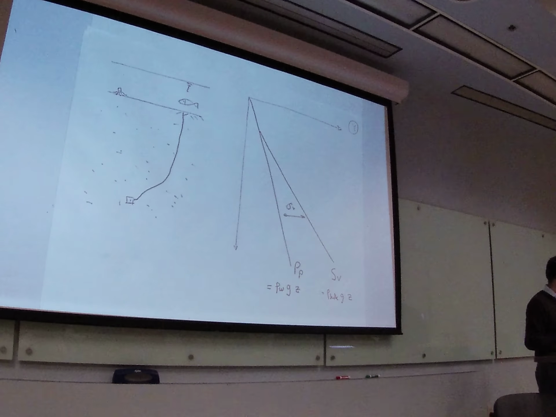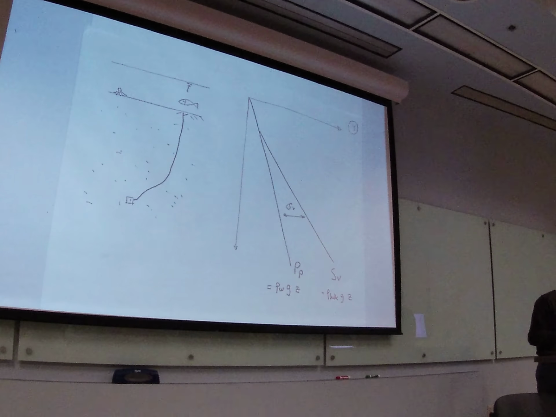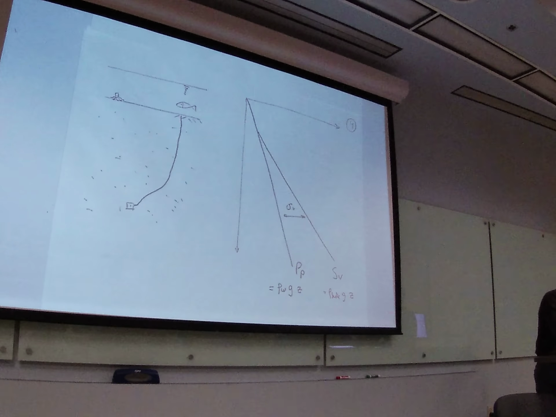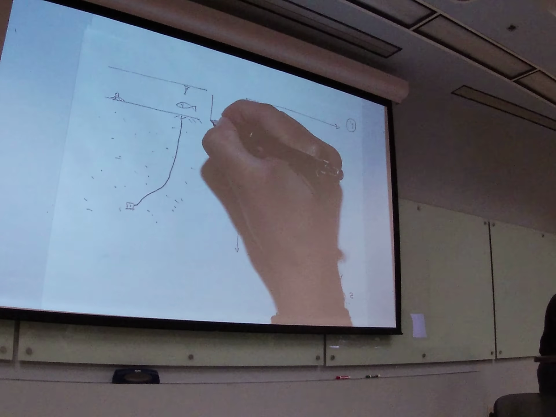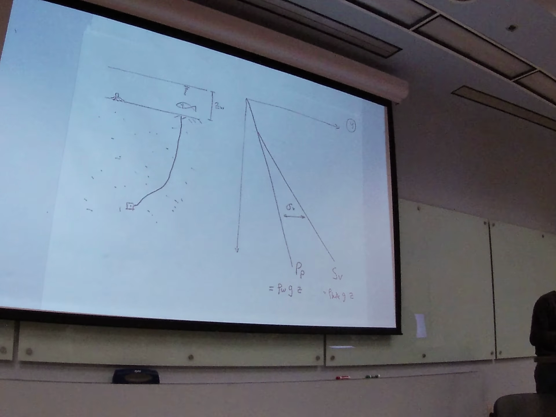In offshore conditions, the vertical stress, notice that there is a kink over there, and we're going to introduce one additional variable here, which we're going to call the depth of water.